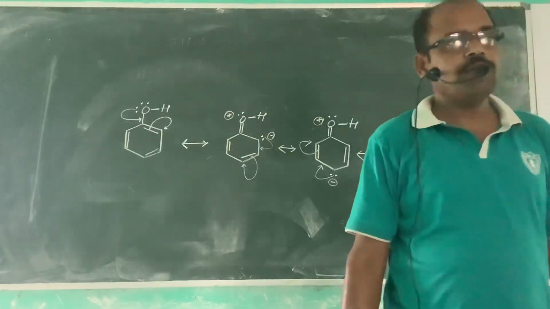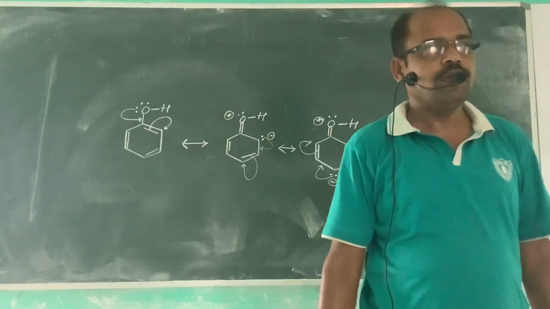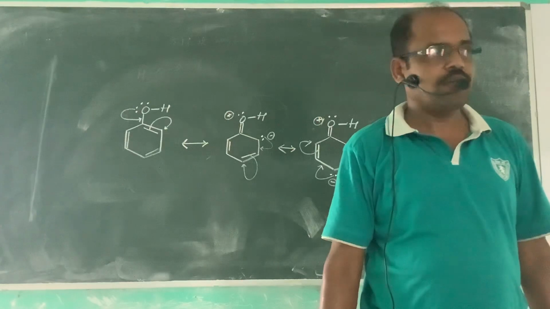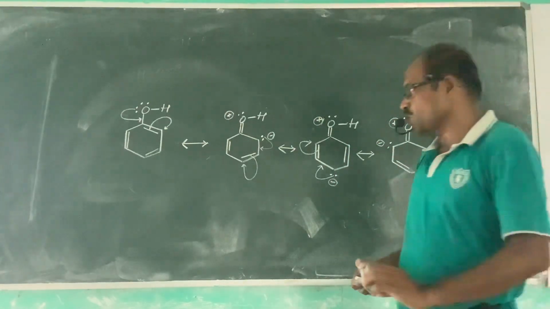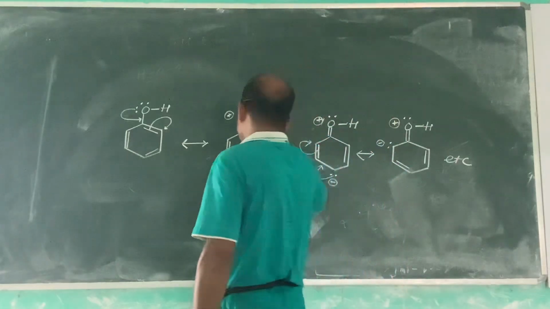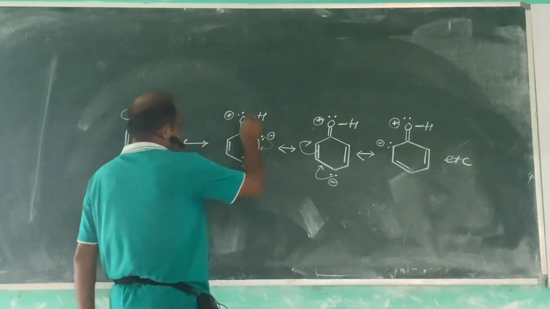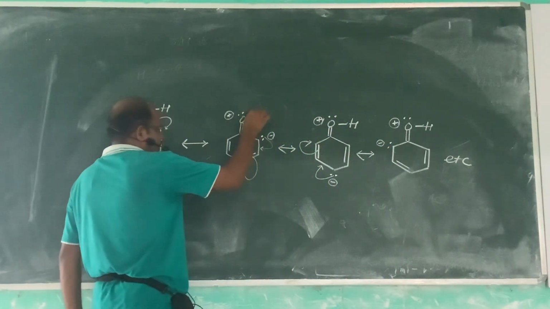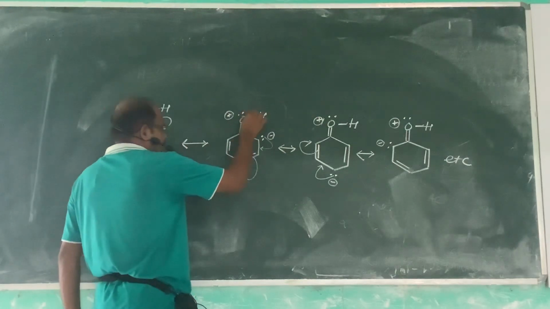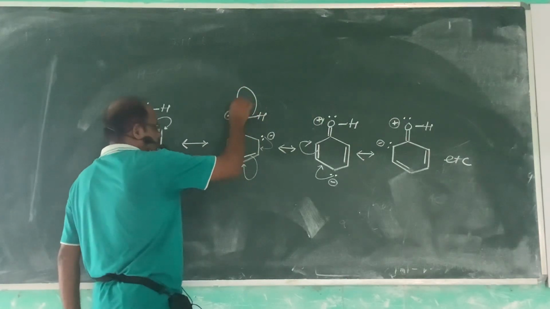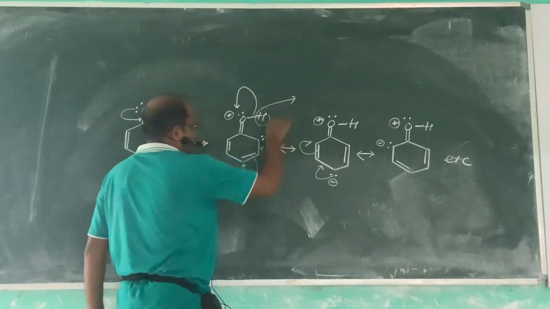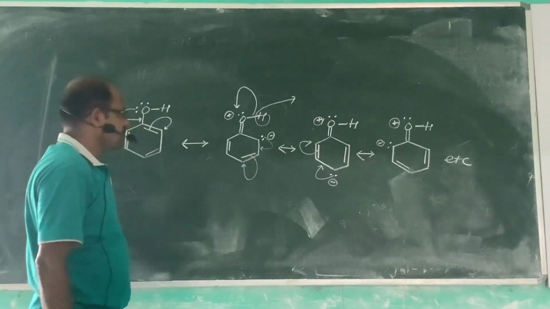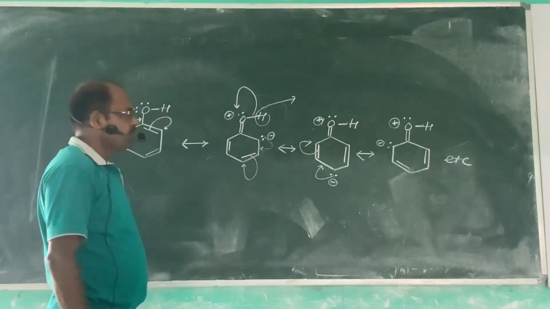The electronegativity of the oxygen atom is more than that of a carbon atom, and due to the process of resonance, the oxygen atom also acquires a positive charge. As a result, the shared pair of electrons between hydrogen and oxygen is more attracted towards the oxygen atom. Hence, a hydrogen atom can be easily released from the oxygen atom.